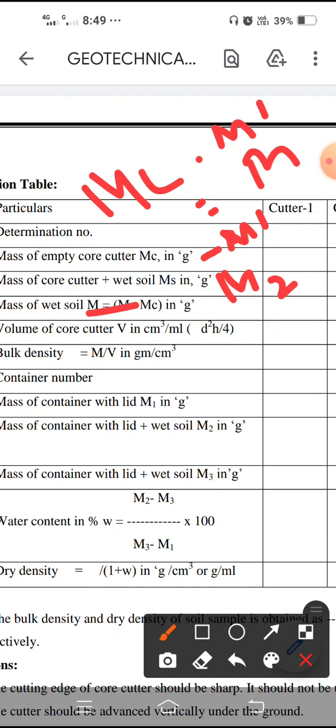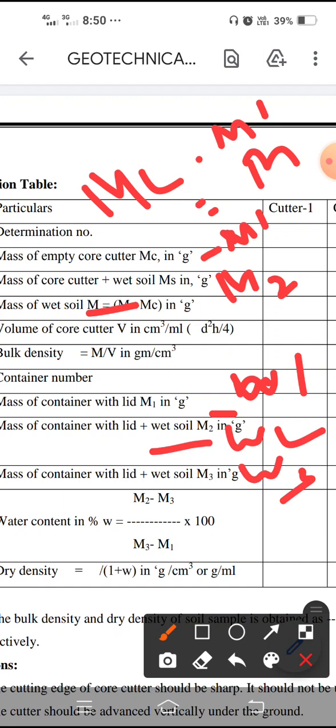Then the volume of the core cutter can be found by measuring the diameter. From the diameter we get the area, and multiplying by the height gives the volume. Then the bulk density is obtained, that is mass upon volume. Then the following are the calculations for the water content determination. First, the weight of the empty container, here called W1, then the weight of the container plus wet soil, that is W2, then the weight of the container plus dry soil, that is W3.